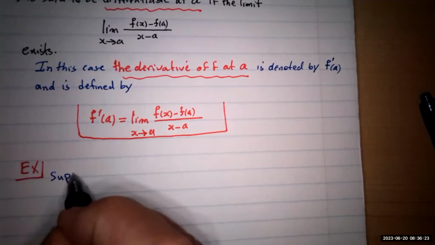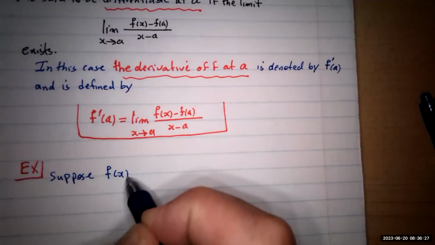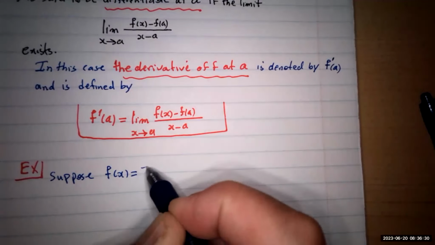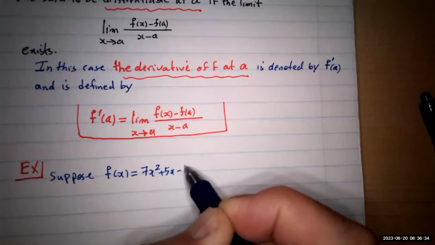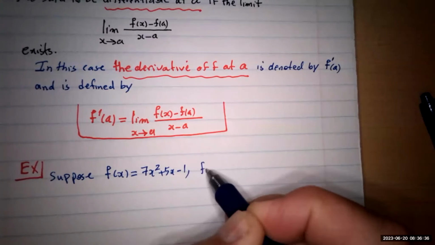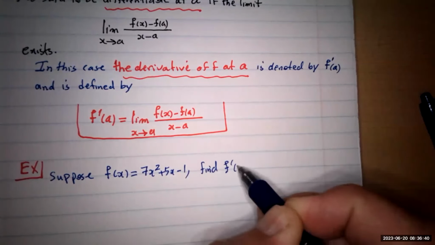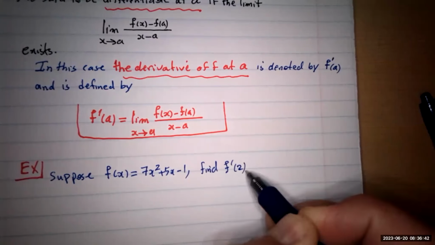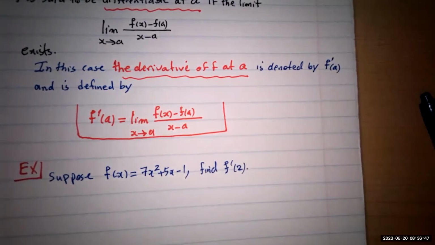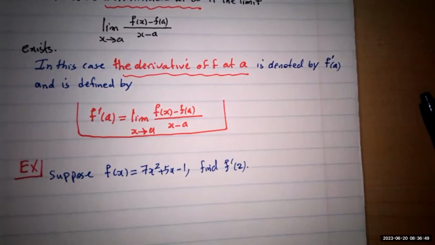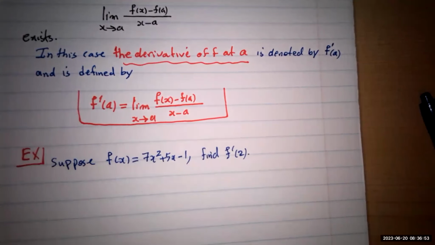Suppose I have a polynomial, suppose f of x equals 7x squared plus 5x minus 1, and I would like you to find f prime of 2. Remember, we don't know any formula. On the test, we are going to give you some formulas later on, but you are going to be asked to find the derivative of the function at one number using this formula only.